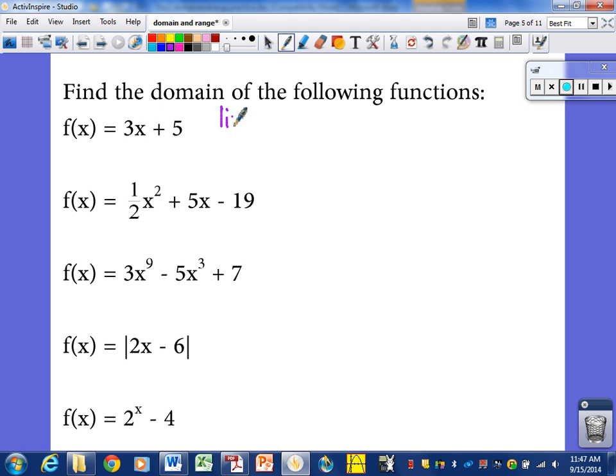This is a linear function, so the domain of all linear functions is all real values. You can plug anything into this that you want to. You can times 3 by everything that you can ever think about. Any possible number. So it has all reals as its domain. There are no restrictions, in other words.